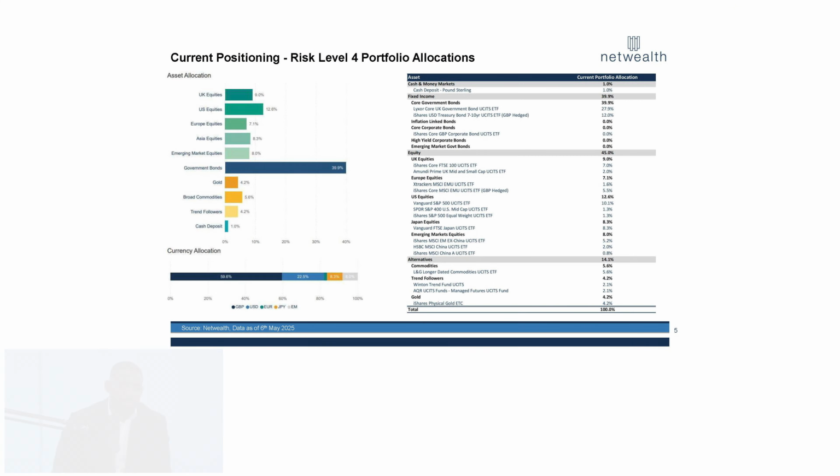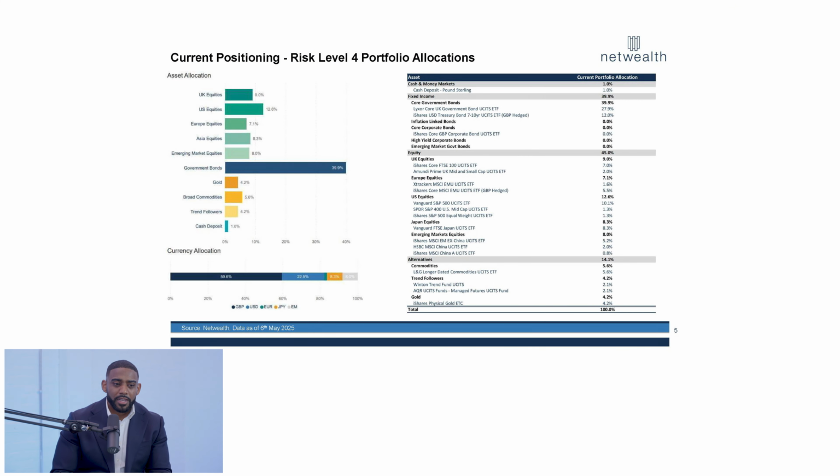This slide shows our risk level 4 portfolio, which nicely captures all of the different elements within our cyclical positioning and strategic positioning at the moment. So starting off with the equities building blocks, it's safe to say that they're closer to our strategic allocation at the moment. This reflects a more uncertain backdrop in markets with a wide range of possible outcomes. So that's the broader positioning as a whole.